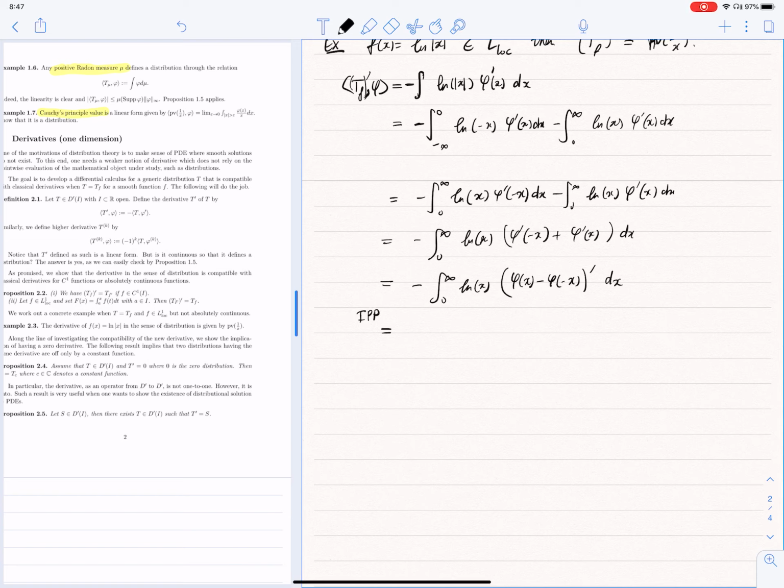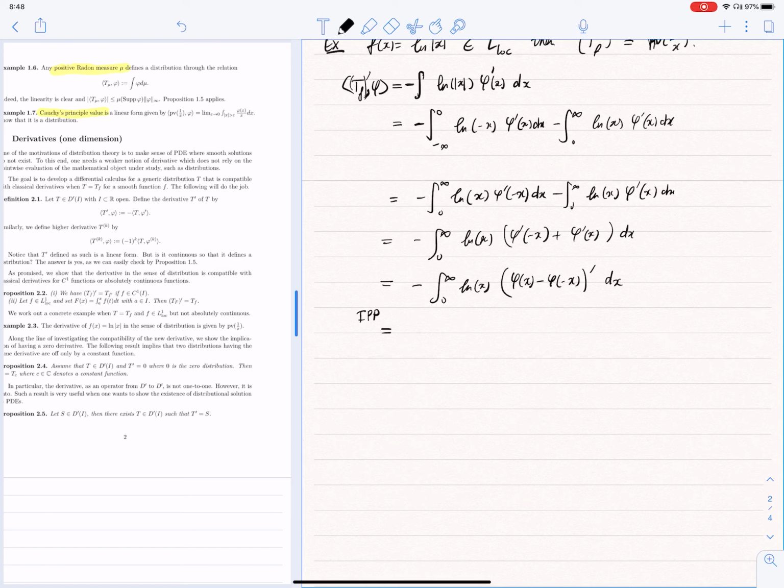Okay, so all that for applying integration by parts, right? So now we have at the boundary value 0, this function is phi 0 minus phi 0, which is 0. And since the function is C infinity and around 0, it behaves like a linear function, which compensates the singularity log x, so that around 0, there's no problem.